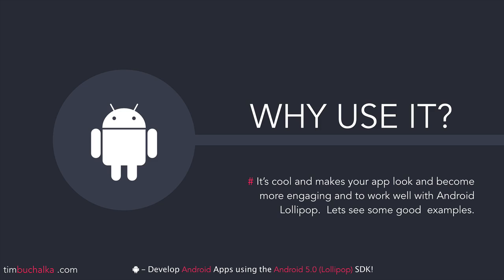We can retain the colors, the styles, and so forth, because Google gives us the facility to do that. So it can be a good idea, if you've got an older version of Android, to check them out anyway, just to see what it looks like, because then you'll know that when you're creating apps for Android Lollipop, they'll still look pretty cool on older Android versions as well. So let's go and check out these two apps.